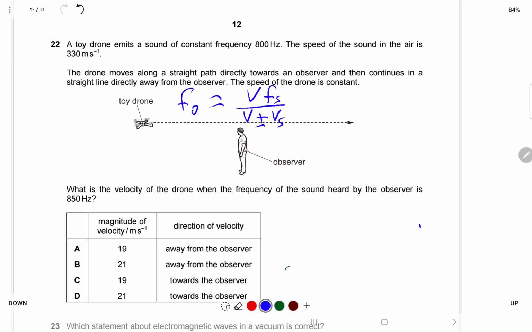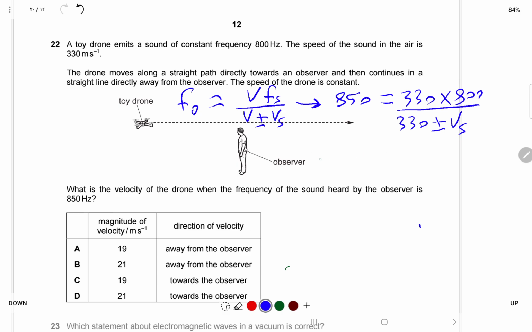Now the observed frequency in the question is 850. So let's replace it: velocity of the sound is 330, times 800, the frequency of the source, divided by 330, the velocity of sound, plus or minus velocity of the source. The requirement of the question is to know plus or minus, away or towards, and to know the velocity of the source.